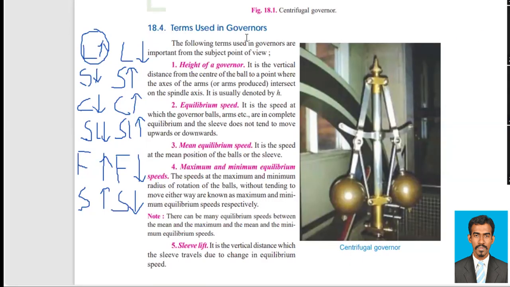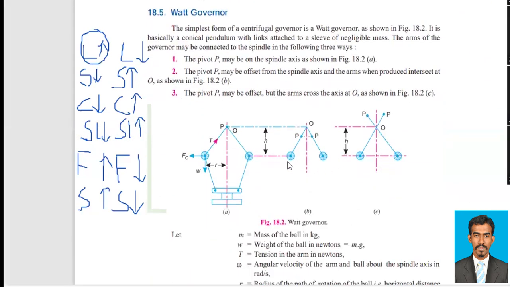Terms used in governors. First one, the height of a governor. The height of a governor is the vertical distance from the center of the ball to the point where the axis of the arms intersect on the spindle axis. It is usually denoted as H. In the diagram, it is the distance between the center of the balls and the intersection of the arms.